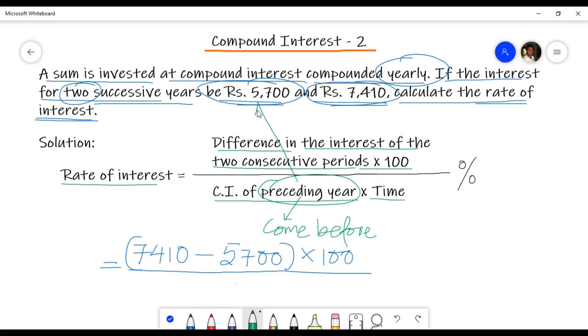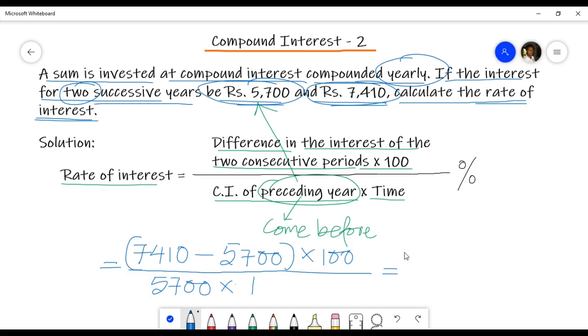So which is the preceding year? The compound interest of the preceding year is 5,700, right? 5,700 into time. Compound interest, we take it as one year.